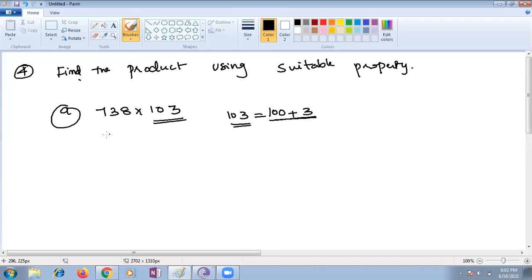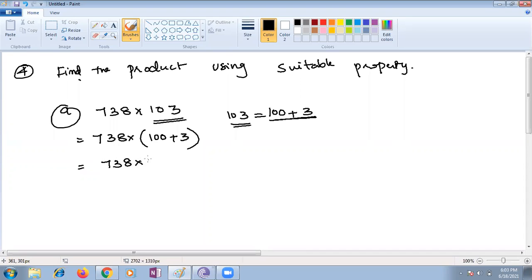Shall I write 100 plus 3 for 103? Yes or no? Yes, ma'am. So instead of 103, I'm writing bracket 100 plus 3. Now who is mother and who are children? Ma'am, our mother is 738 and the children are 100 and 3. Shall I distribute over them?